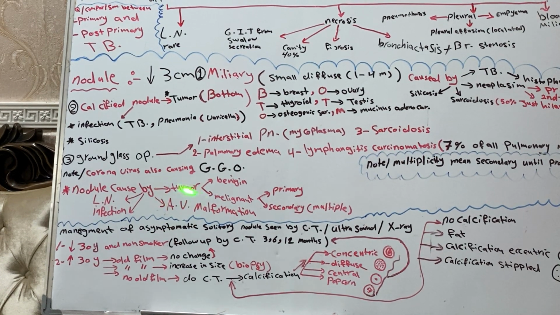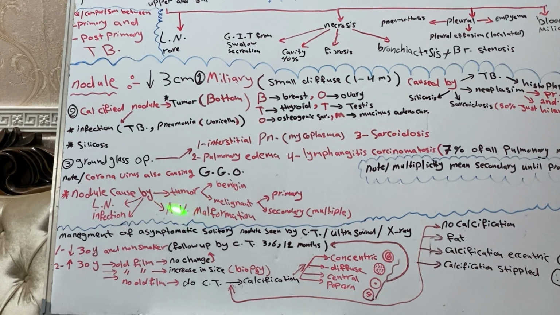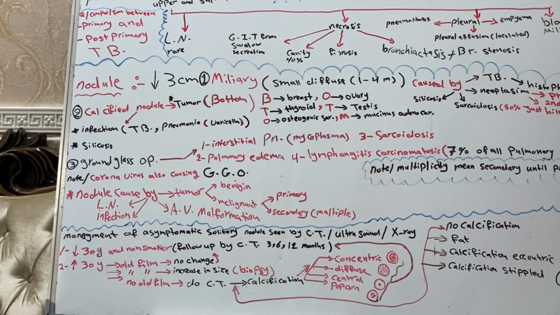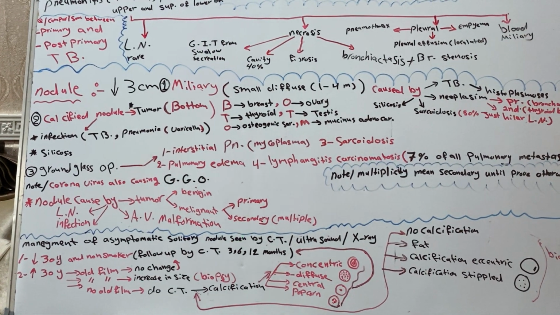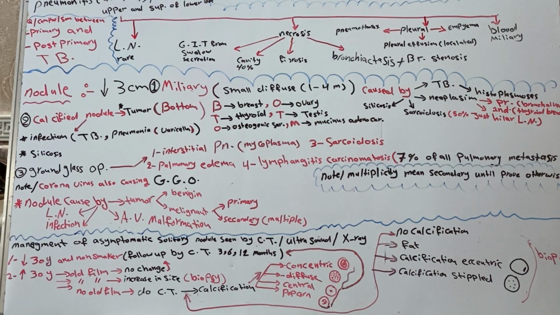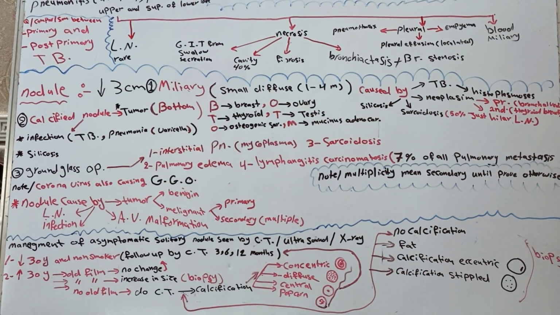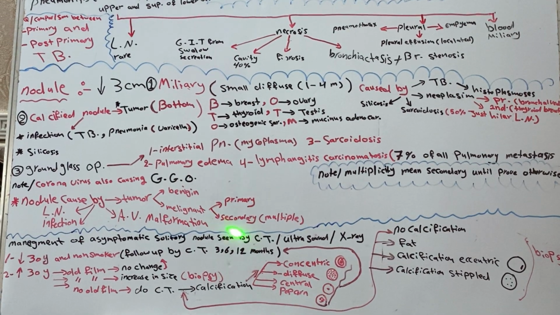Also AV malformation causes a nodule. With AV malformation, you should see a nodule and two lines, one is the vein and the second is the artery. The tumor cause of the nodule is either benign or malignant, and the malignant is either primary or secondary.